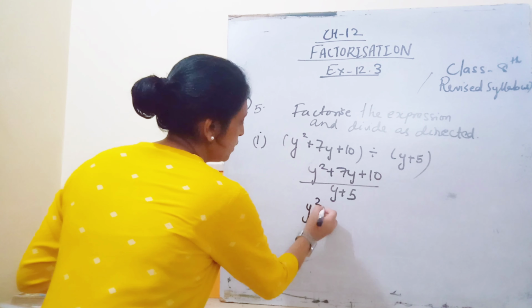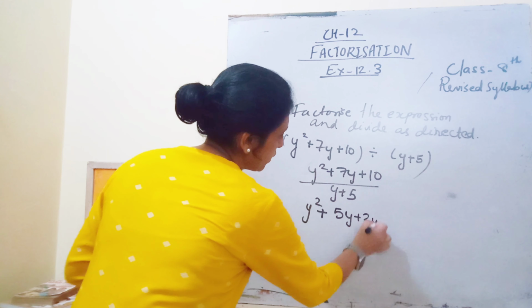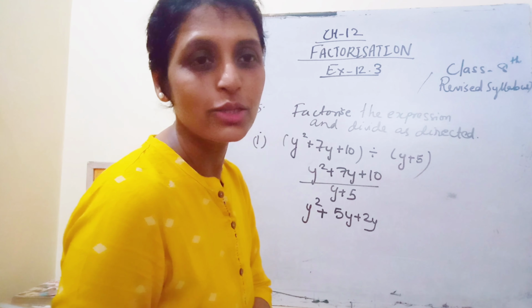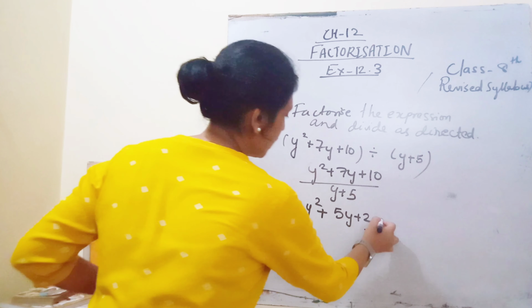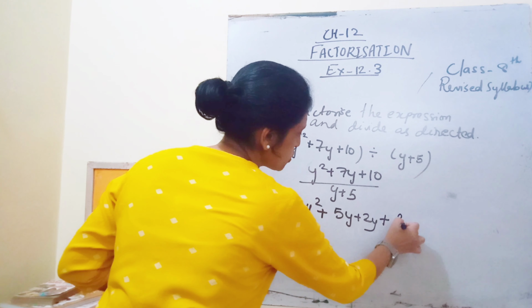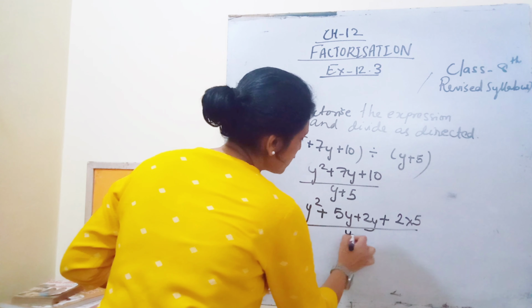See, y square plus 5y plus 2y, isn't it? And the third term, the constant 10, can be written as 2 into 5, upon y plus 5.